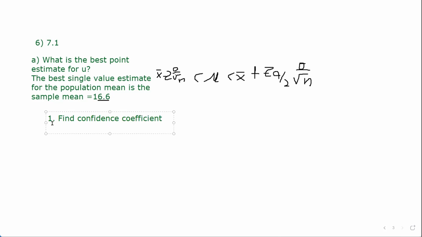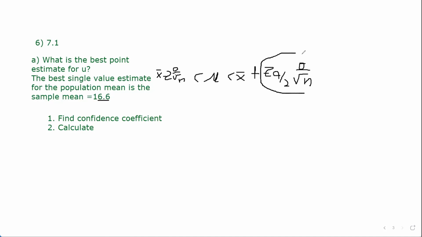Step 2 would be to calculate what we call the error, which is the z portion times sigma over square root of n.